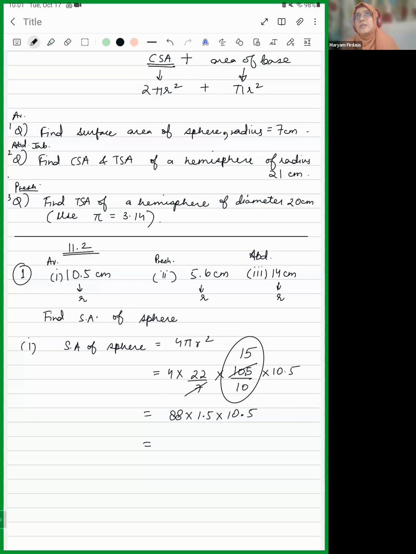But in cases where the radius is a multiple of 10, like 20, 30, 100, and so on, then use 3.14, because in that case the decimal place will get shifted because of the 10. Getting it? Yes, ma'am. So by default use 22 by 7.